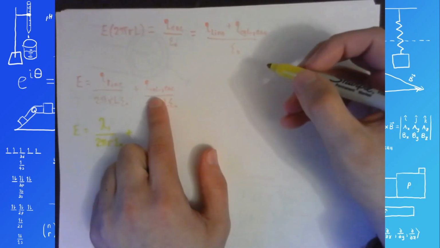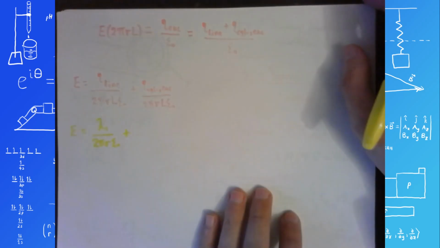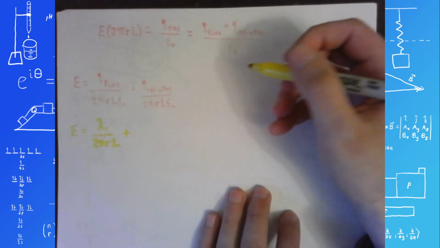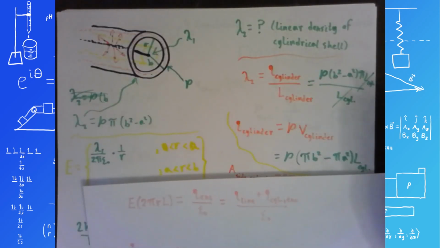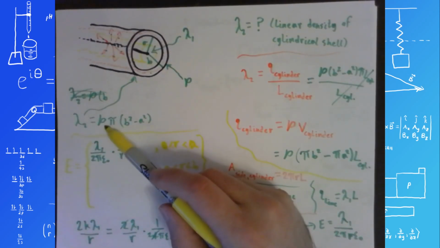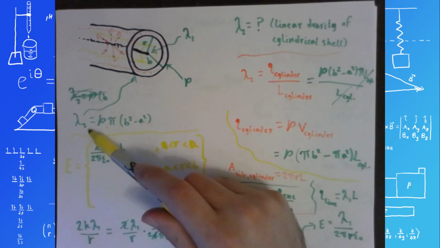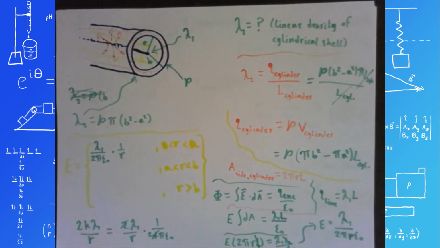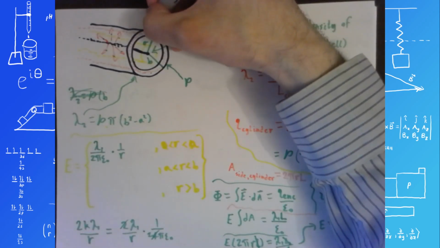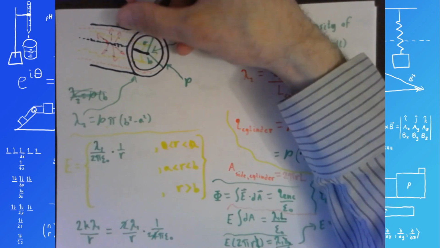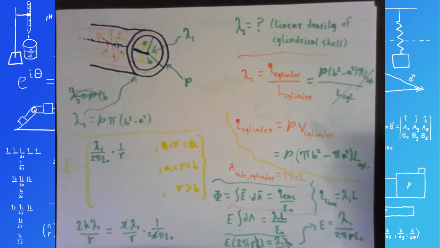So how much of the cylinder's charge is enclosed? We cannot use this lambda 2, because this lambda 2 is based on the assumption that if you go linearly through this cylinder, you're taking all the charge for every cross-section that you pass through along the length of the cylinder.